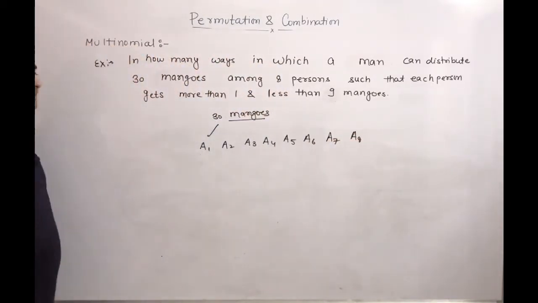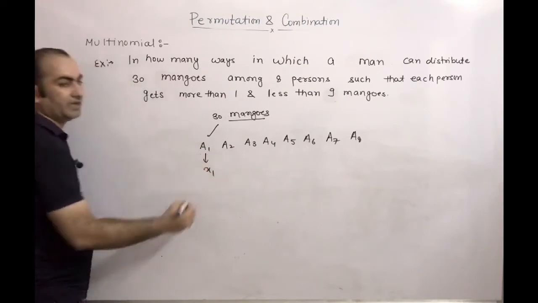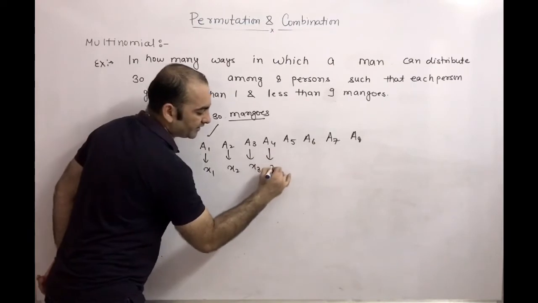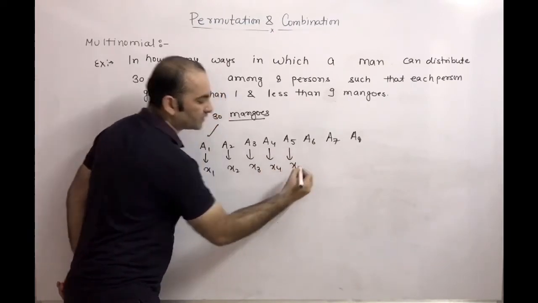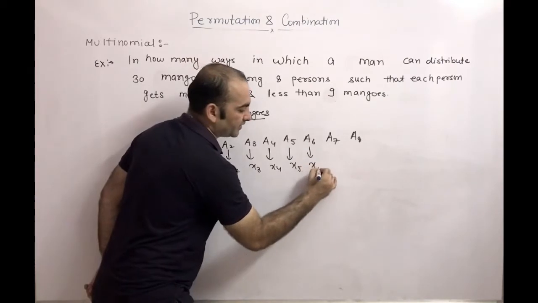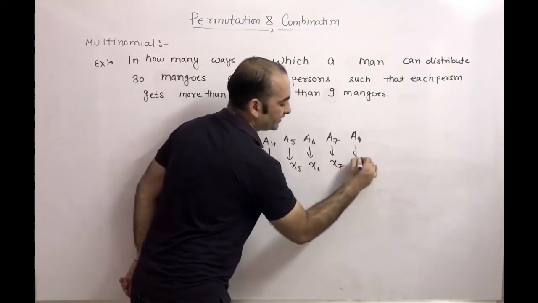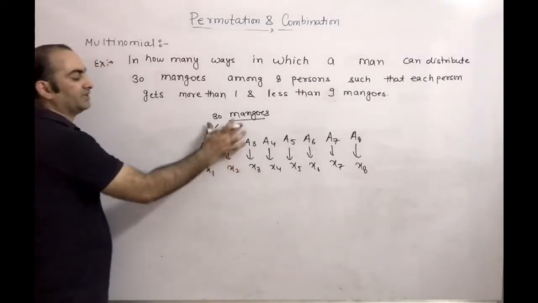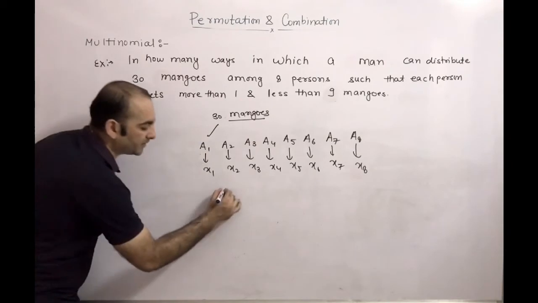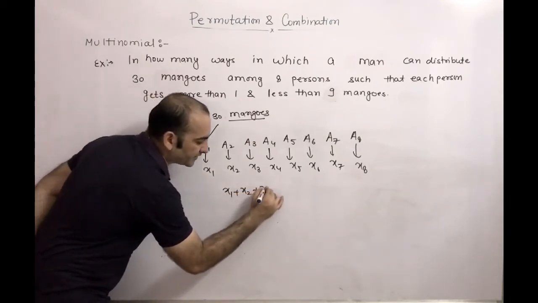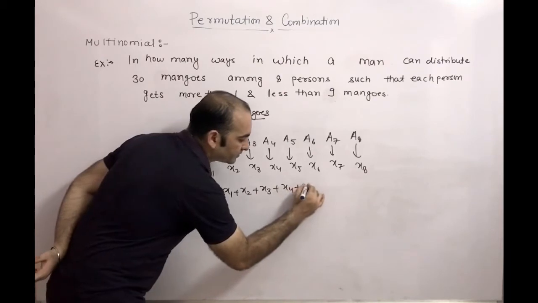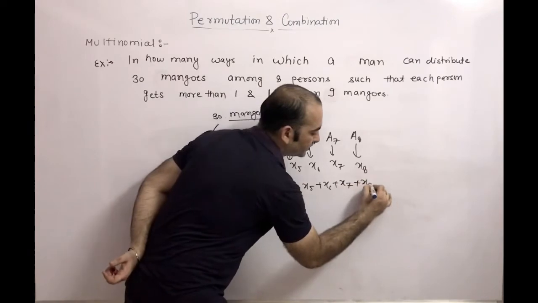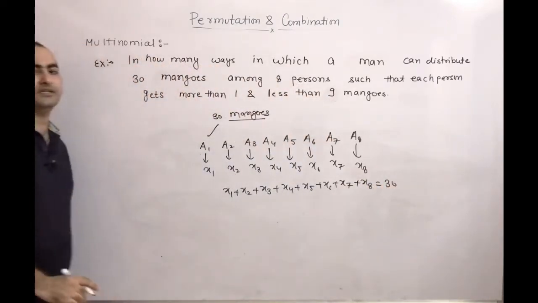A1 is getting x1 mangoes, A2 is getting x2, A3 is getting x3, A4 is getting x4, A5 is getting x5, A6 is getting x6, A7 is getting x7 and A8 is getting x8. And the summation of these should be 30, because we are distributing 30 mangoes. So x1 plus x2 plus x3 plus x4 plus x5 plus x6 plus x7 plus x8 should be equal to 30.